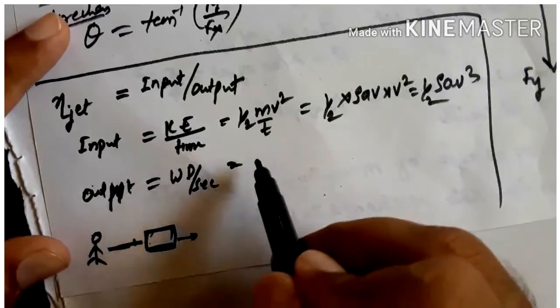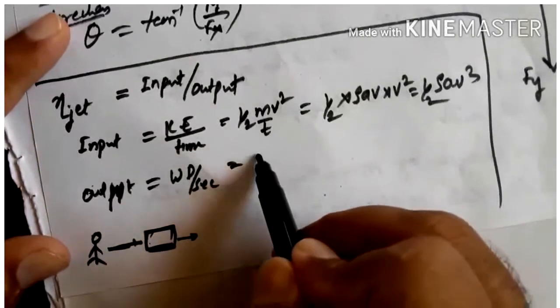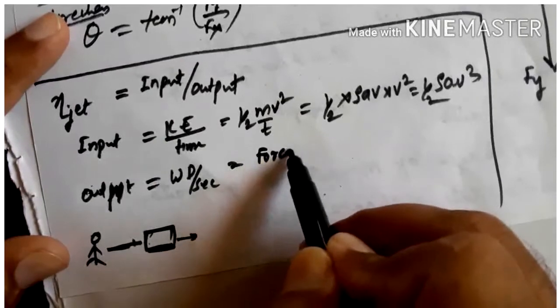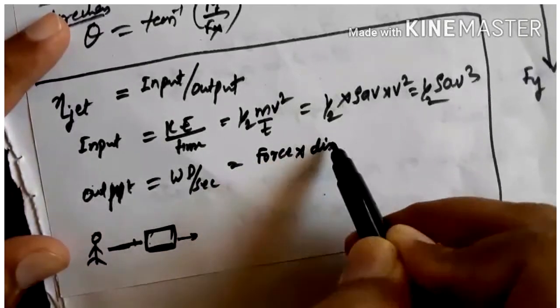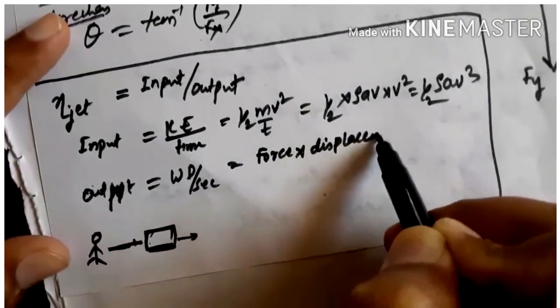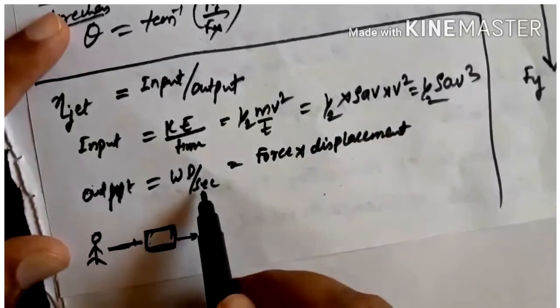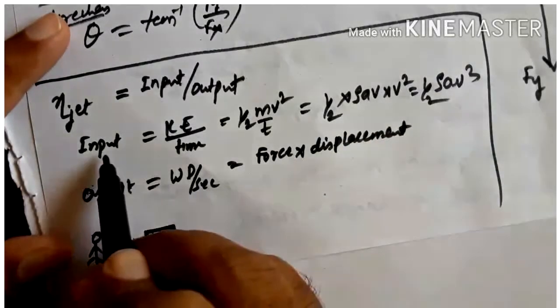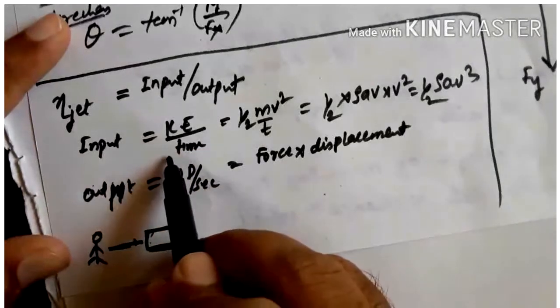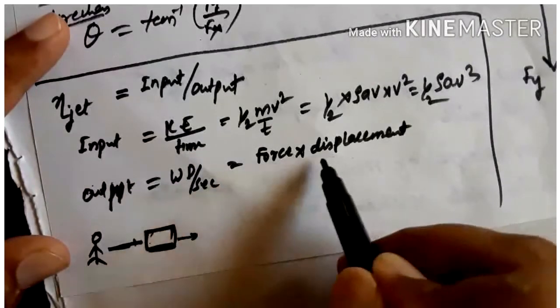Then the work done can be written as force into displacement. But we want it per unit time, per second, because we have taken kinetic energy per second, so work done also we have to take per unit time.